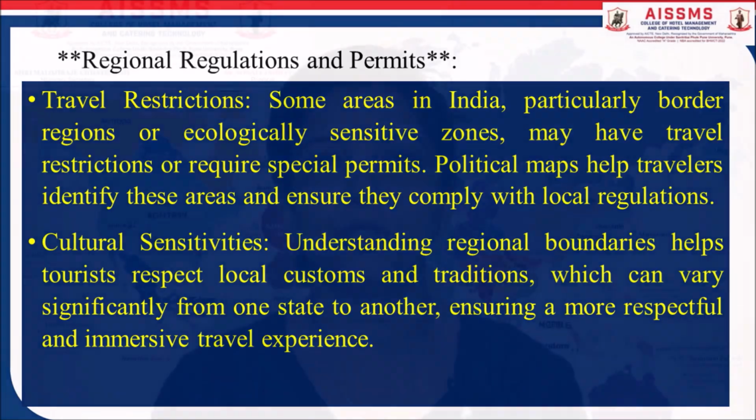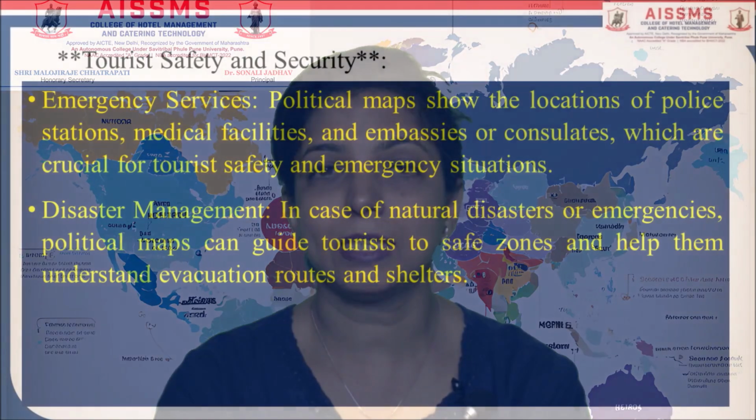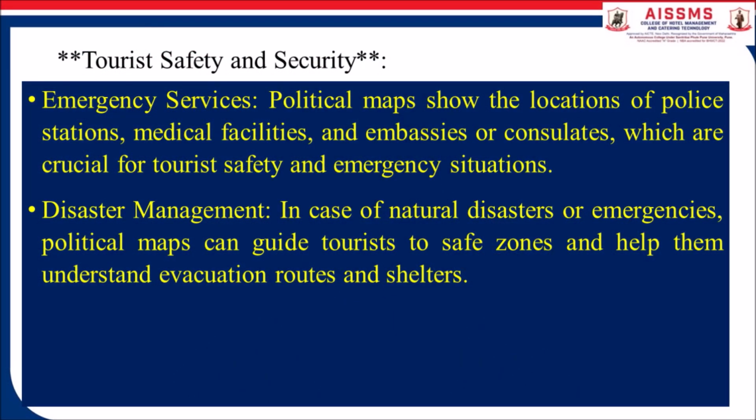Continuing with the importance of the political map for any tourist, it is extremely important that we consider tourist safety and security. To assist a tourist, a political map may provide emergency services, showing the locations of police stations, medical facilities, embassies and consulates, which are crucial for tourist safety in any kind of emergency situation.